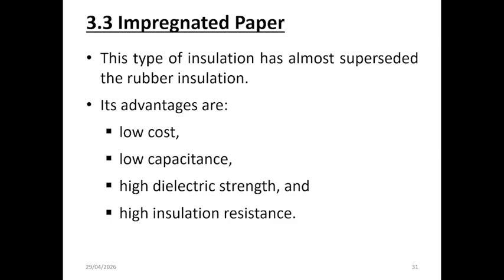It has largely replaced rubber insulation in many applications due to its better performance and reliability. Its main advantages include low cost, low capacitance, high dielectric strength, and high insulation resistance, making it a widely used option in underground cable systems.